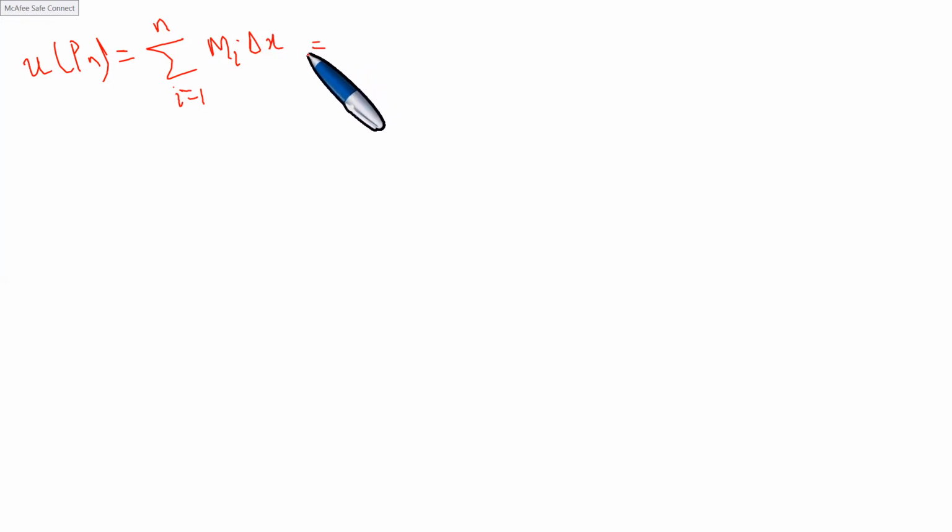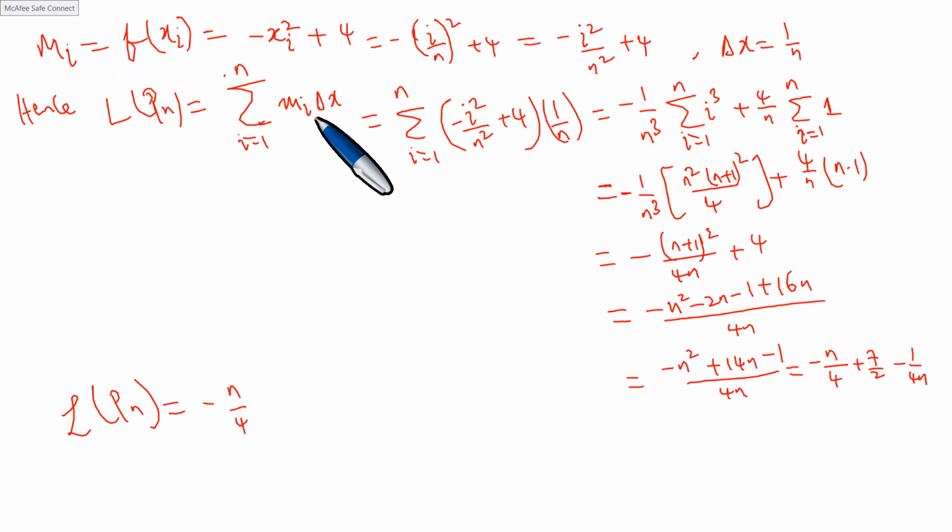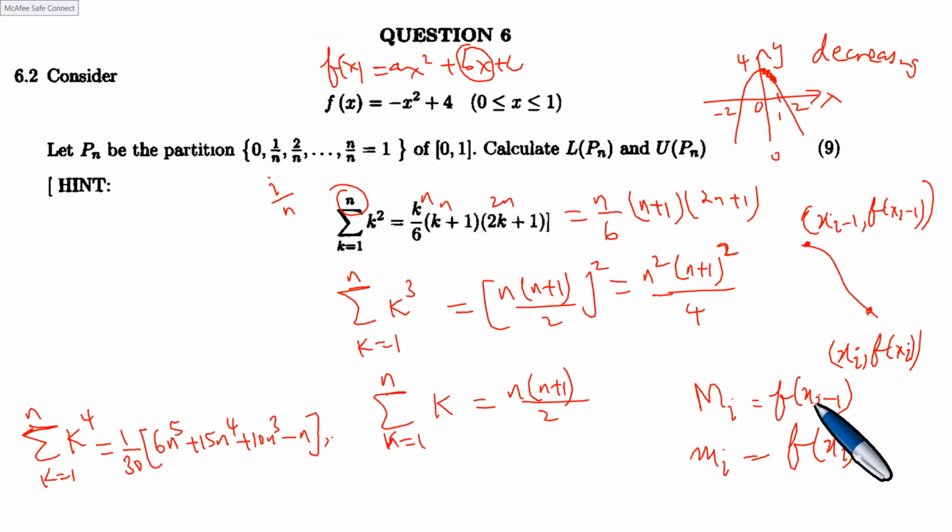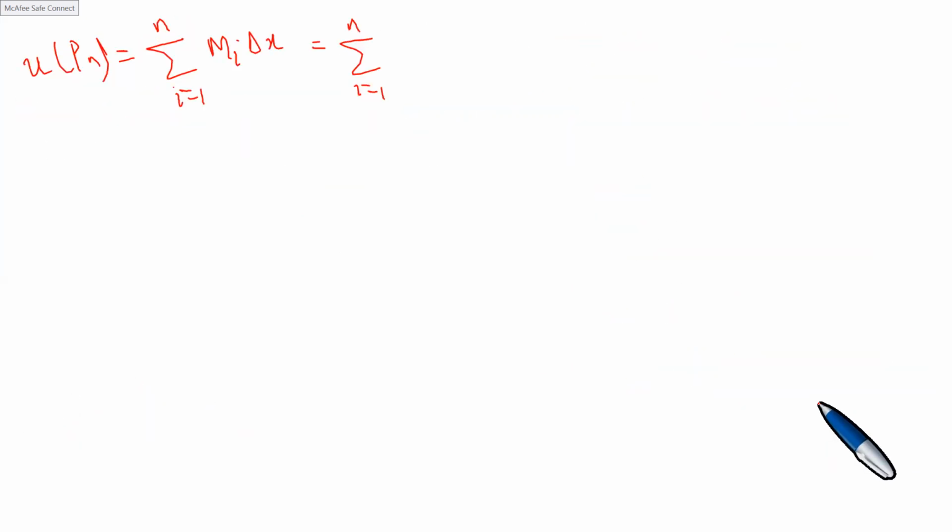If you do UPN, use the summation up to n, i equals 1, and then you do the big M. The big M is going to be this one, which is exactly f(x_{i-1}).